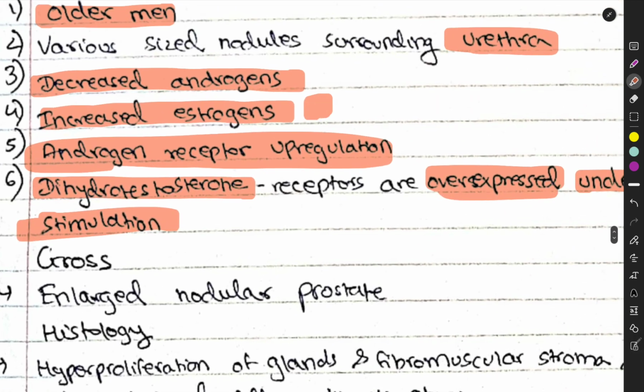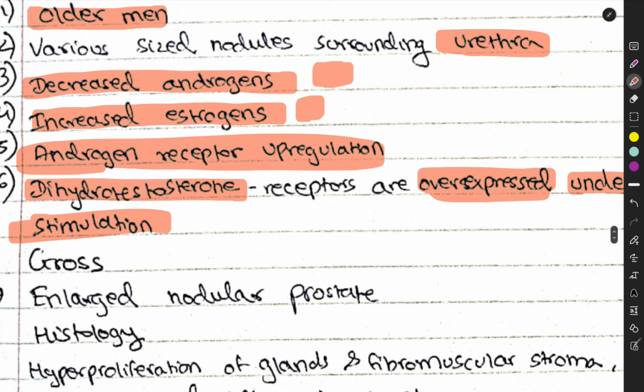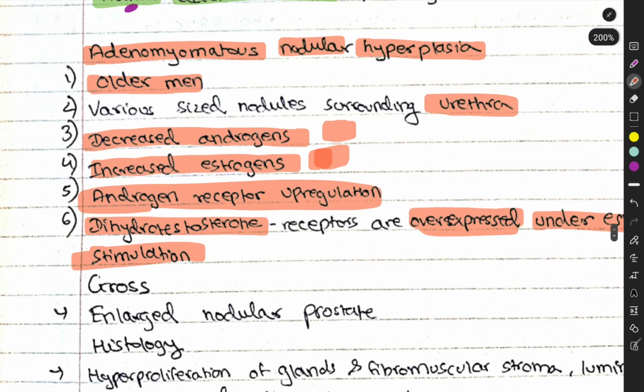So basically they have a lot of estrogen and decreased androgens. Estrogen overstimulation has caused the overexpression of dihydrotestosterone. And because you have decreased androgens, you have more androgen receptor upregulation.